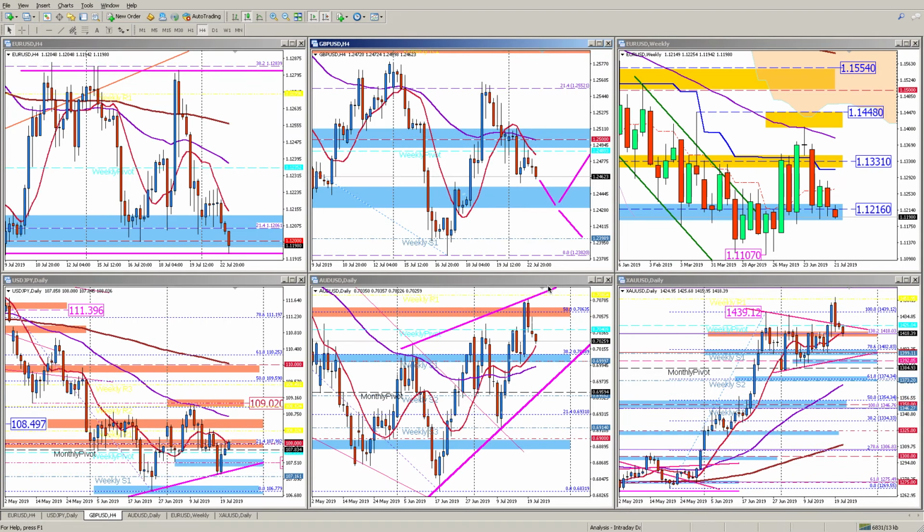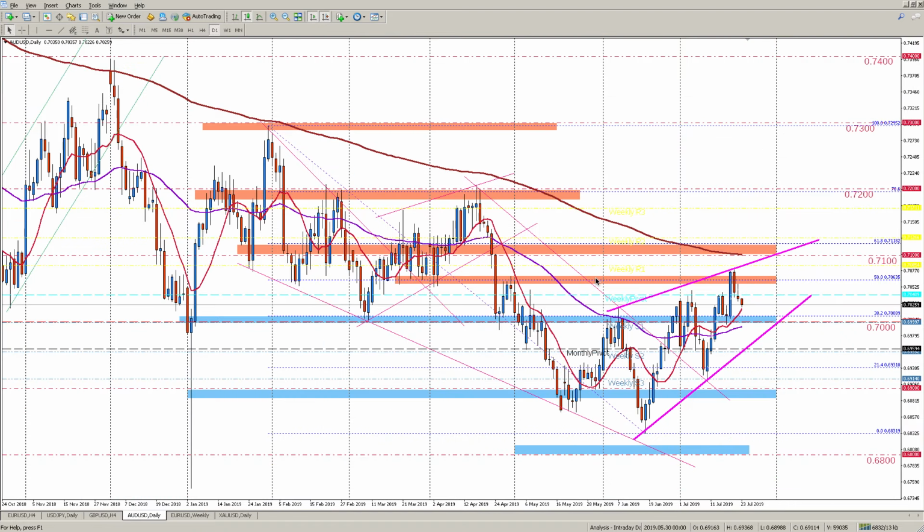Okay, let's move on to the Aussie dollar. It did attempt to break out higher above the resistance at the 50% Fibonacci level, but then pulled back at the end of last week and continued lower.